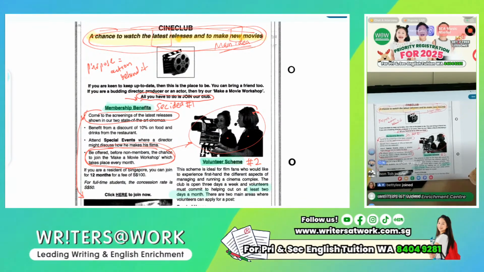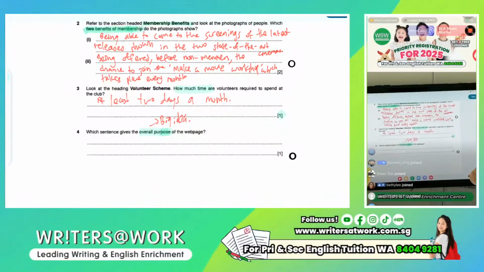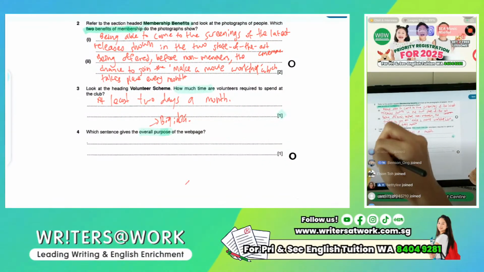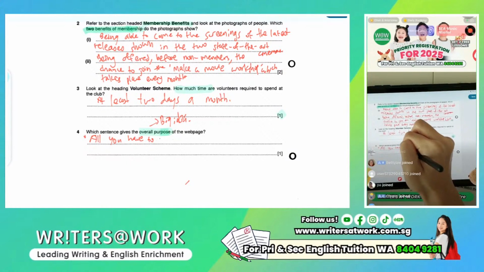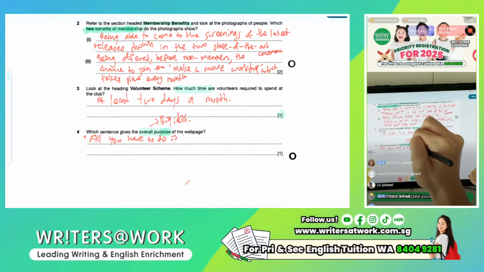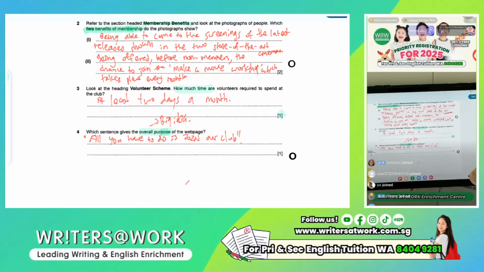All right. So they ask you for the purpose, the overall purpose. It will be the sentence: all you have to do is join our club. And there you have it. That's our overall purpose of the web page.